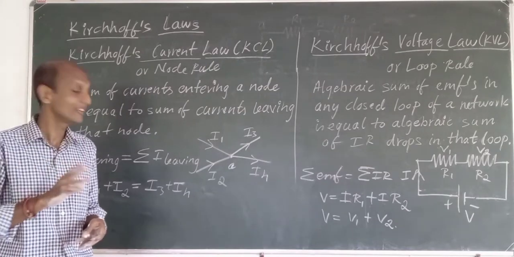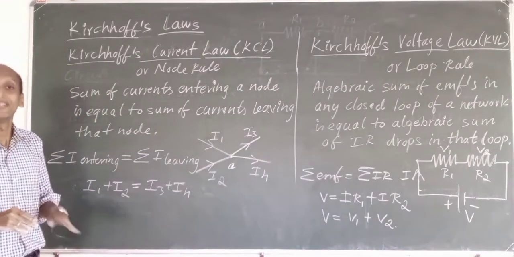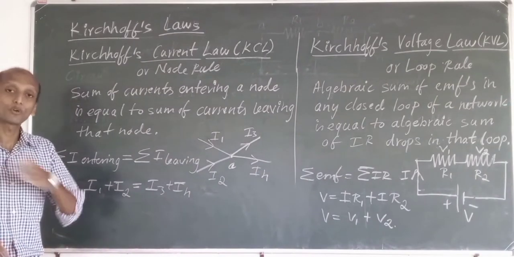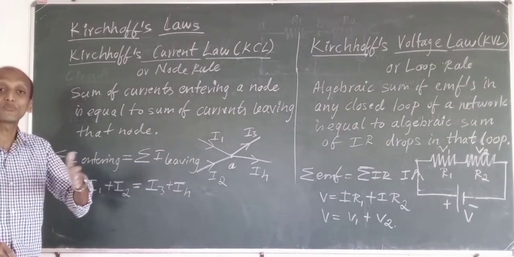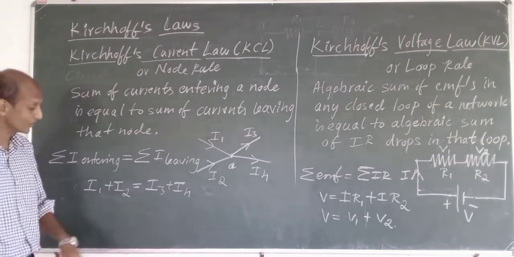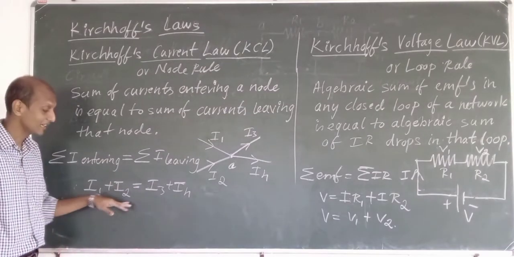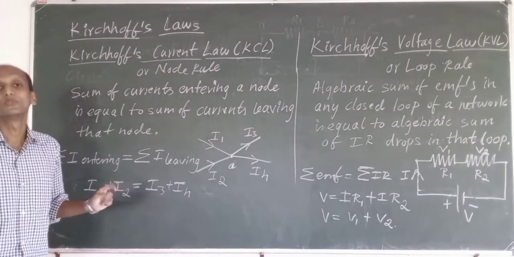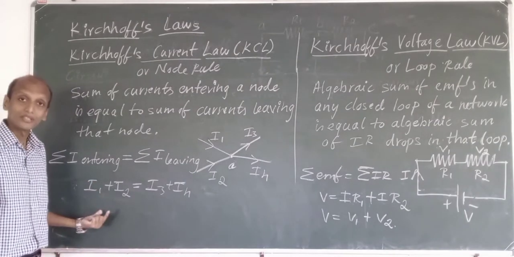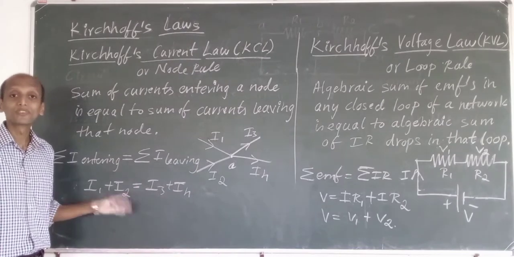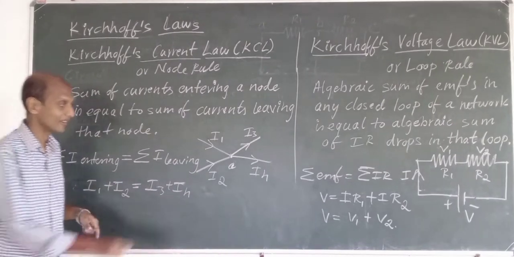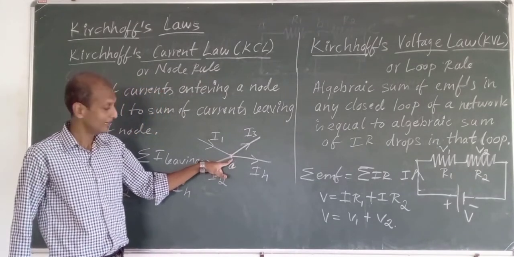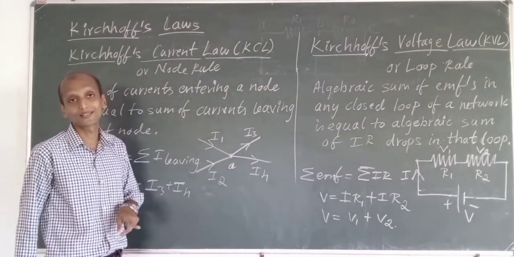So here I can say the algebraic sum of currents is equal to 0. If I consider a node, the algebraic sum of currents at this node is equal to 0.